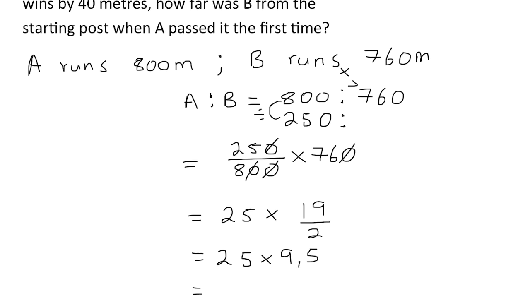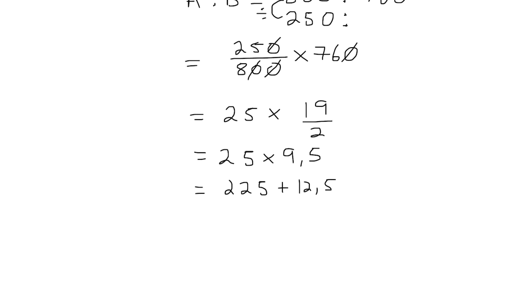So 25 multiplied by 9 is 225 plus half of 25, which is 12.5, and that will give us an answer of 237.5. So what this means is that after A runs the circumference of 250, B only runs 237.5. Okay, so how far was B from the starting point?